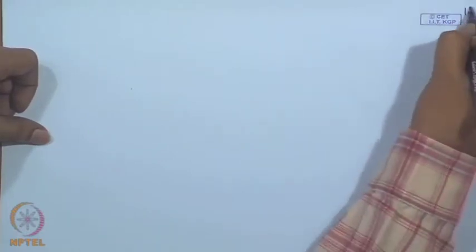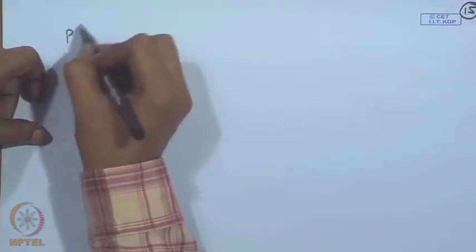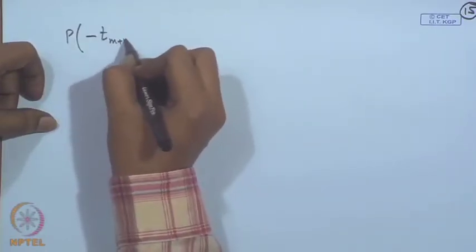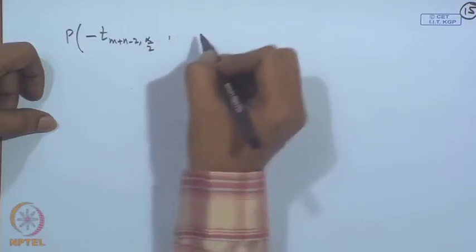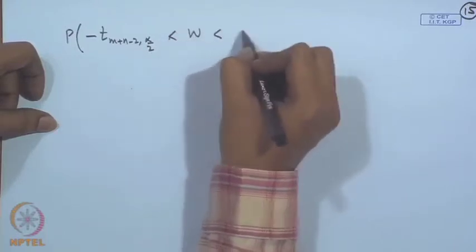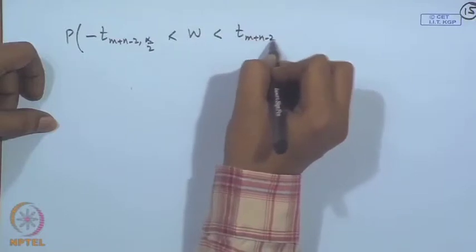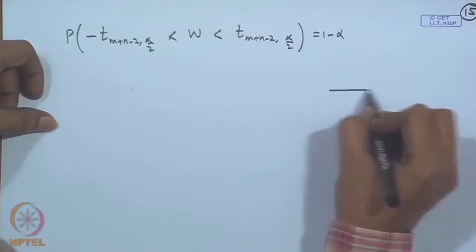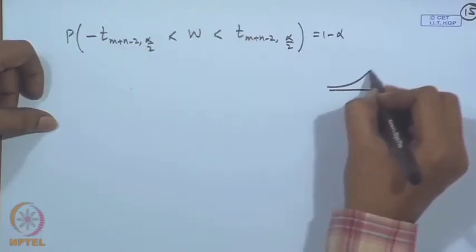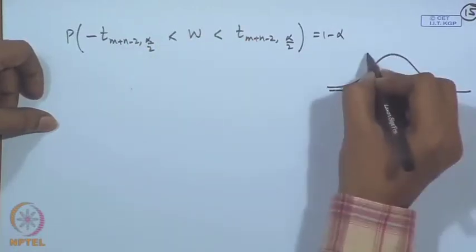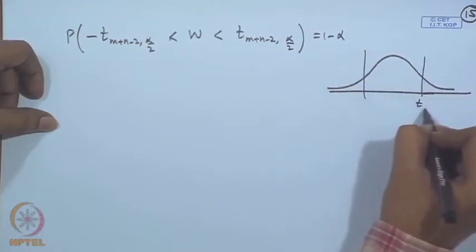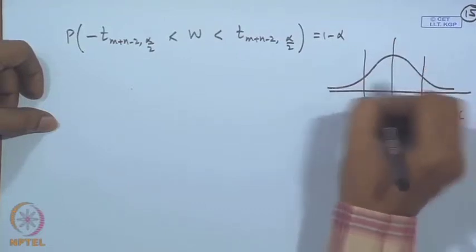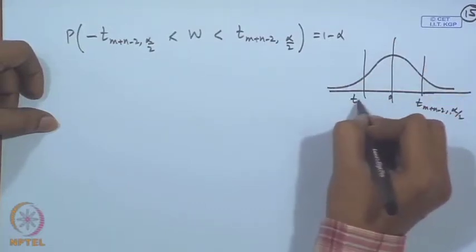Based on this, I can write down the confidence interval: probability of minus t(m plus n minus 2, alpha by 2) less than W less than t(m plus n minus 2, alpha by 2) is equal to 1 minus alpha. Once again I have chosen symmetric because the t distribution is symmetric. So, the shortest length interval will be the one which will be symmetric around the origin here.